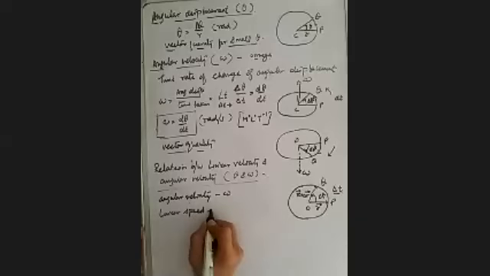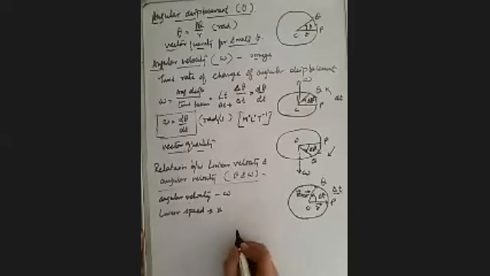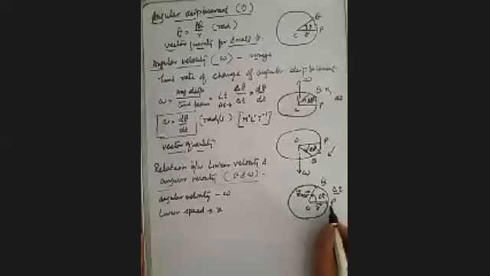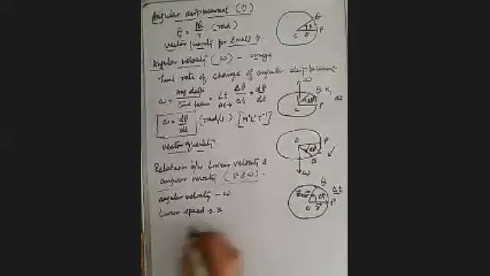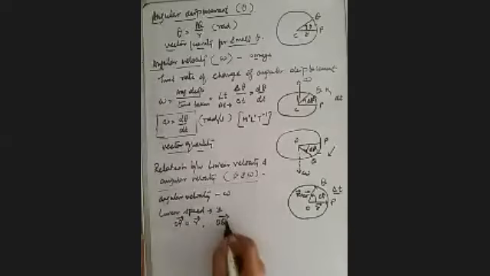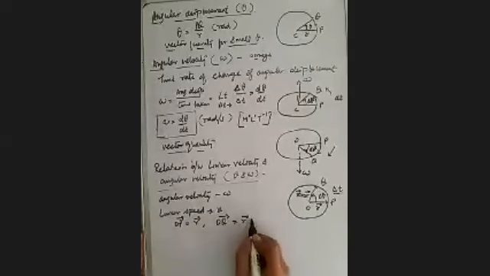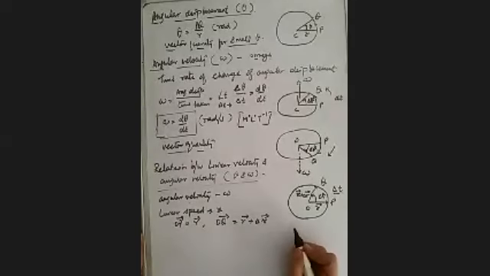Okay. Now OP vector represents r, the position of the particle at P, and OQ vector represents the position of the particle at Q, which is given by r vector plus delta r vector.